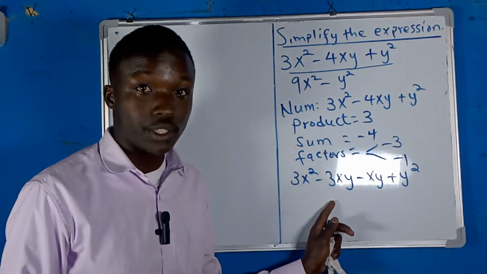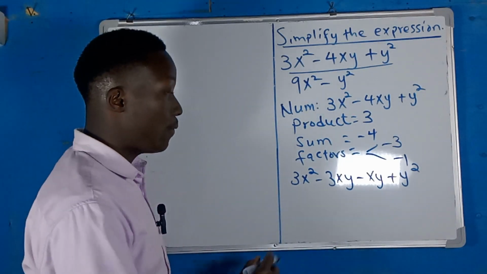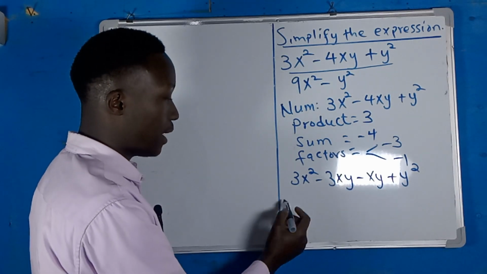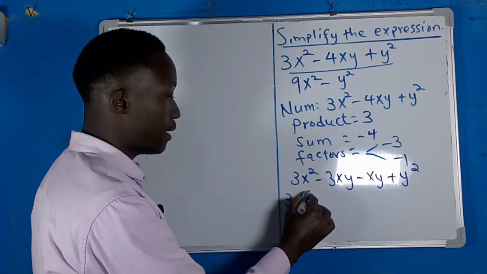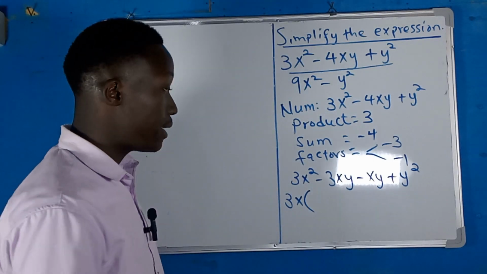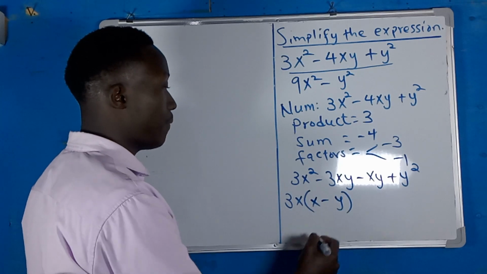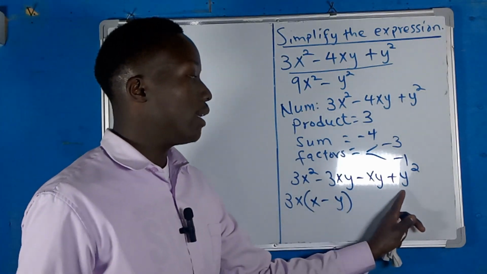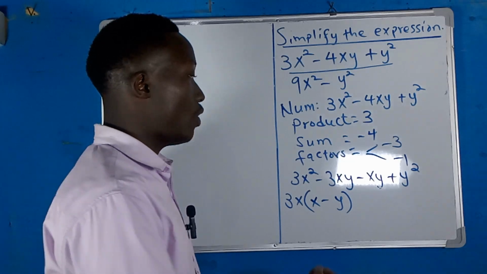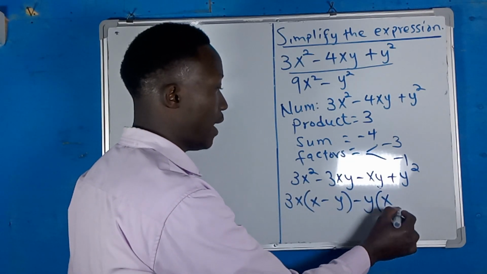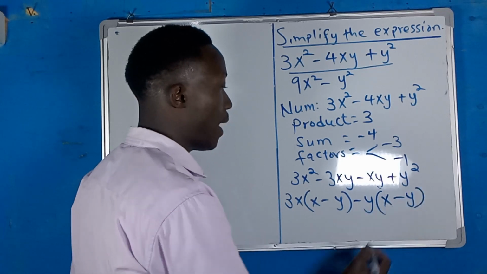Having this, we are going to factorize two by two. The common factor here is 3x. So we have 3x into bracket x minus y. Then the common factor in our last two terms is y, so we have minus y into x minus y.